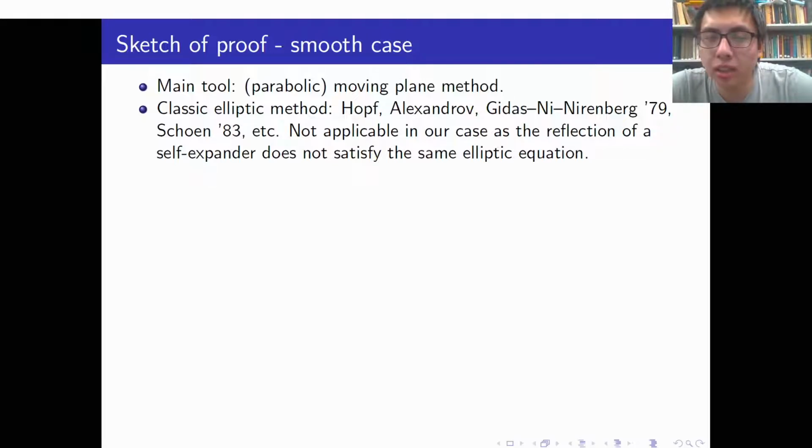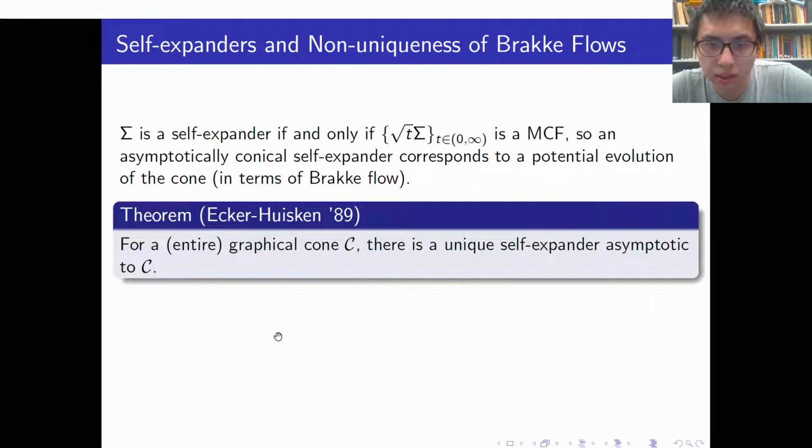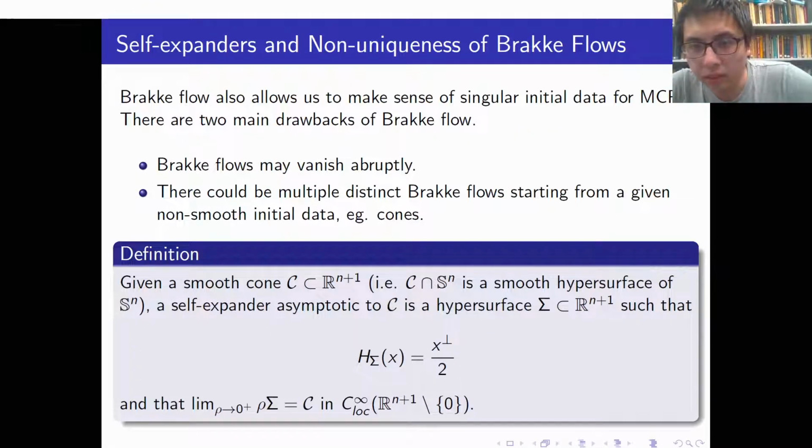But unfortunately, our self-expander, if you recall from this equation, does satisfy an elliptic equation, but the problem is that in this moving plane method, you have to do reflections. And you have to do reflection with respect to some affine hyperplane, right?